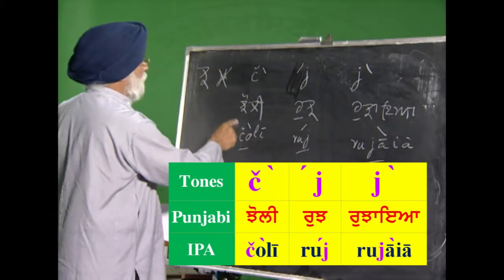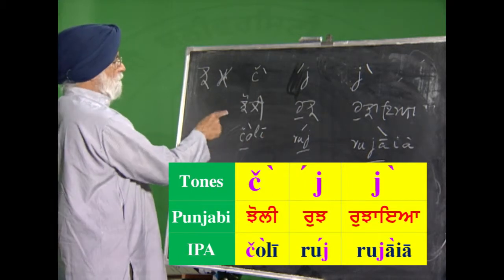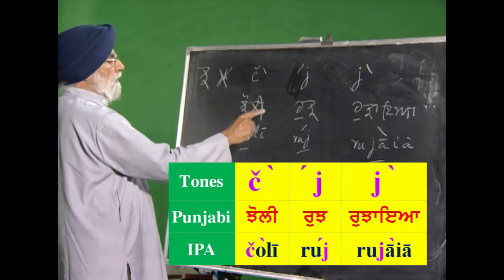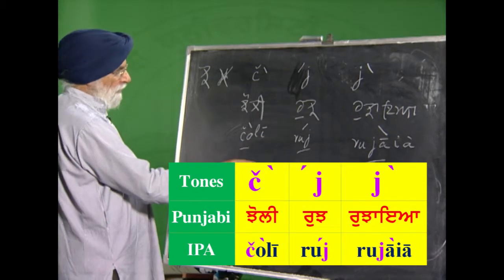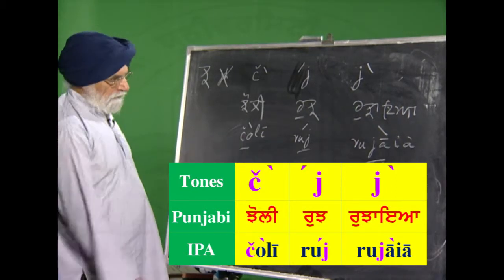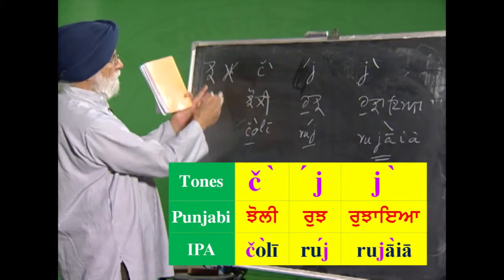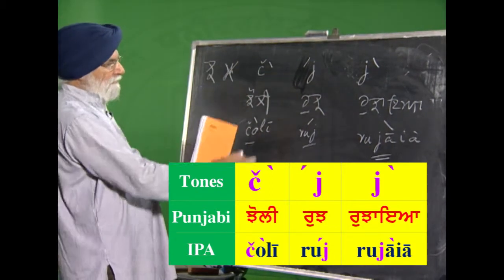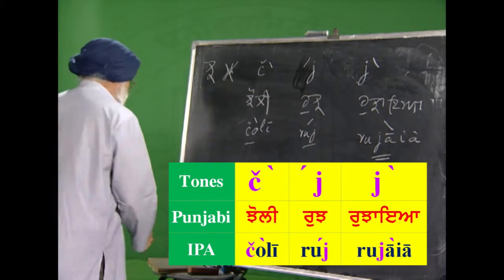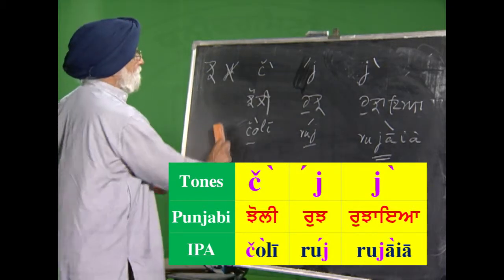You see, the same: voiceless followed by low tone, and voiced preceded by high tone, and voiced followed by low tone, exactly in the same place, in the initial position, in the final position, in the initial position of the second syllable.